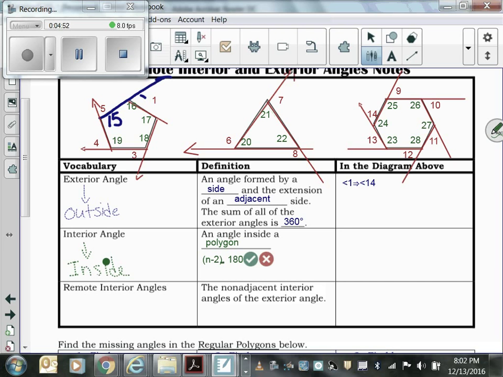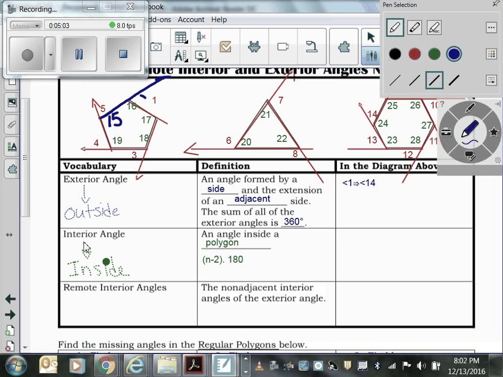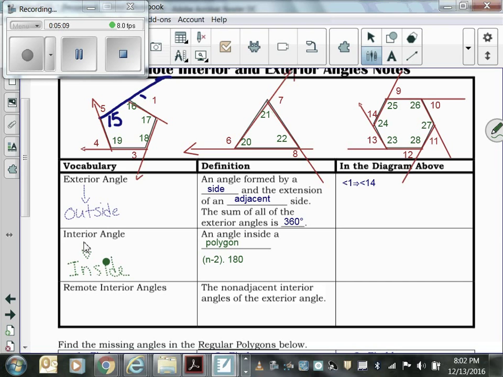So now, once I have that, I need to say which angles are considered to be interior. If I look up here, I started with this blue number 15, and I went all the way through to down here where I have 28. So I'm going to say that angles 15 through 28 are interior.